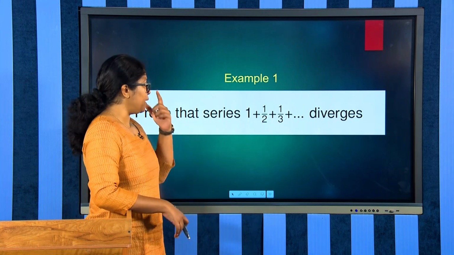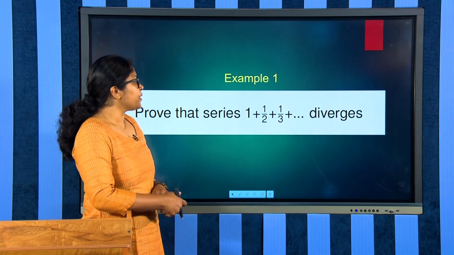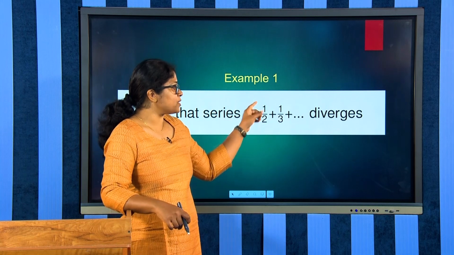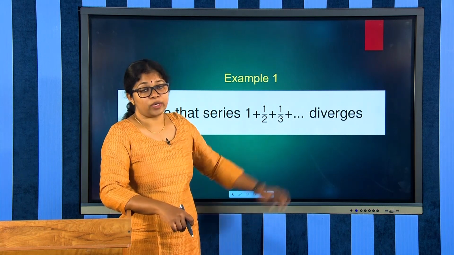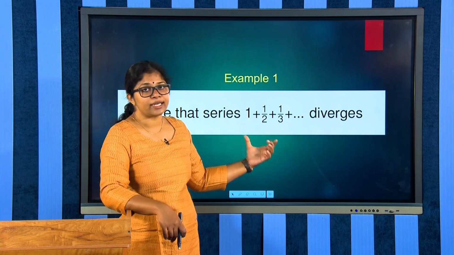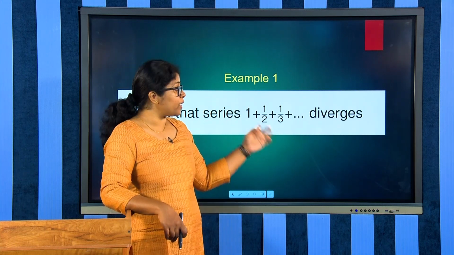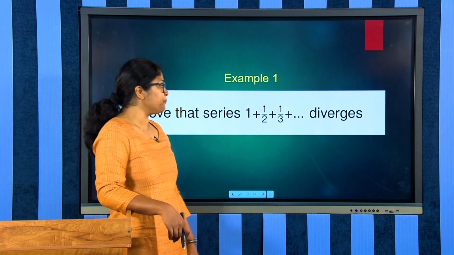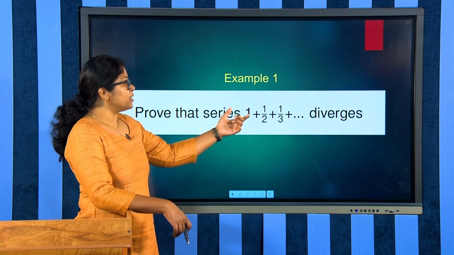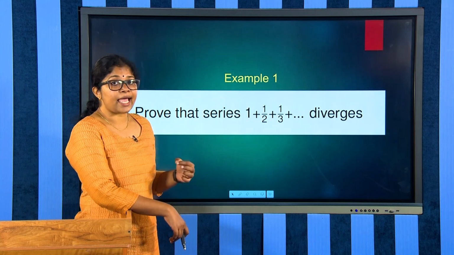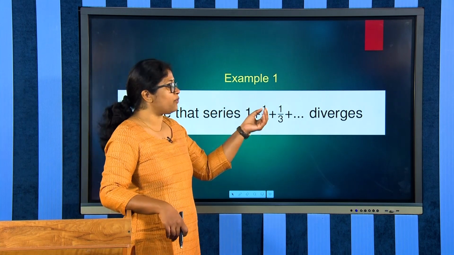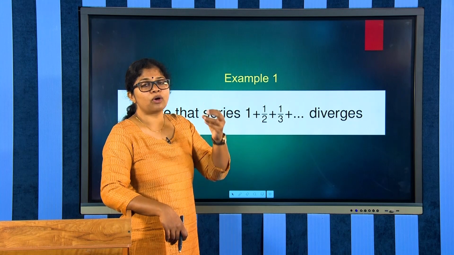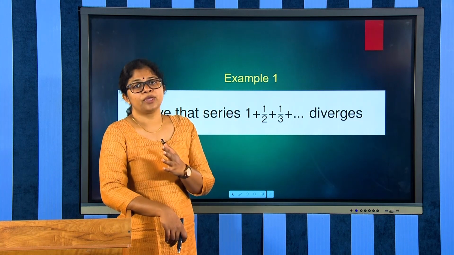As an example, we can prove that the series 1 plus 1 upon 2 plus 1 upon 3 plus etc. diverges. This is a very important series which every one of you has to keep in mind, because at a glance it gives you the impression that we are adding only fractional numbers to 1.